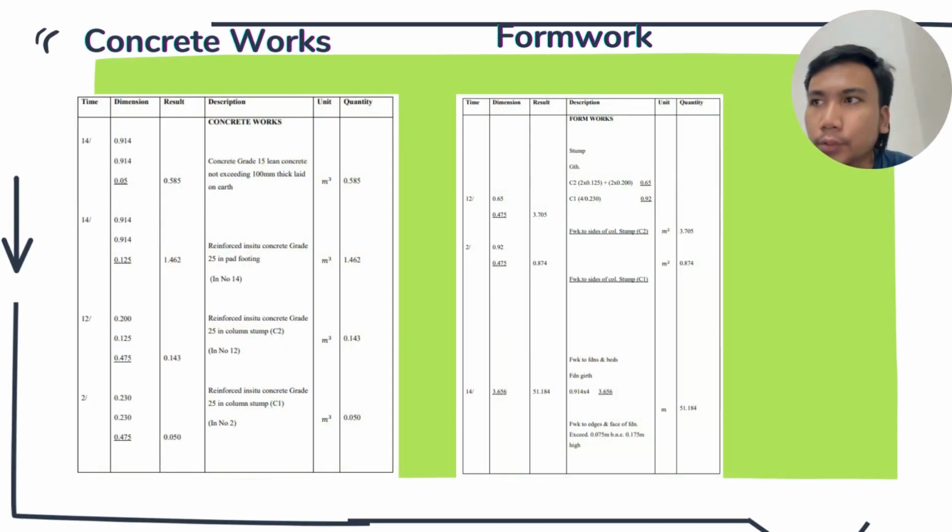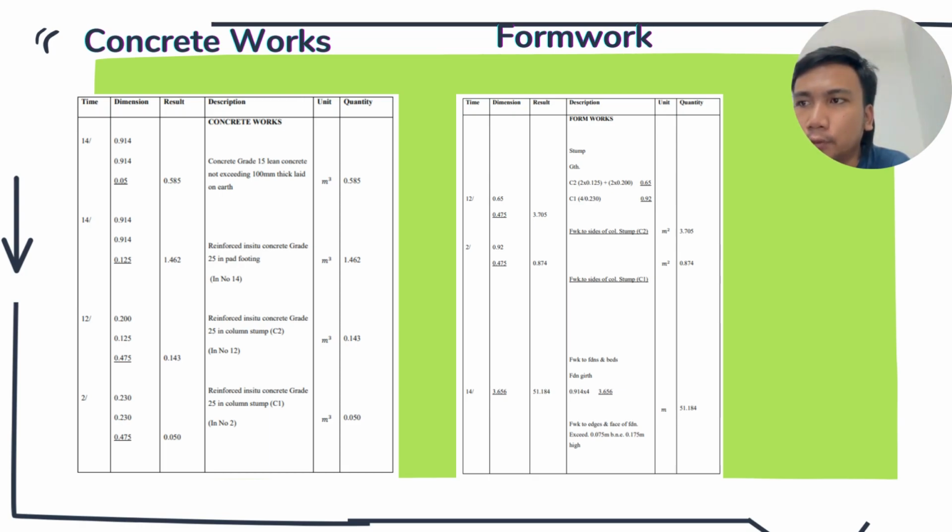For the concrete works, we calculate 14 times 0.914 times 0.194 times 0.05, which gives 0.585 meter cube of concrete grade 15 for the blinding. Then for the reinforced in situ concrete grade 25 in pad footing, 14 times 0.914 times 0.914 times 0.125 gives 1.462 meter cube.